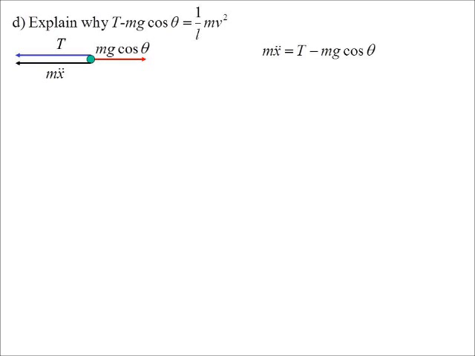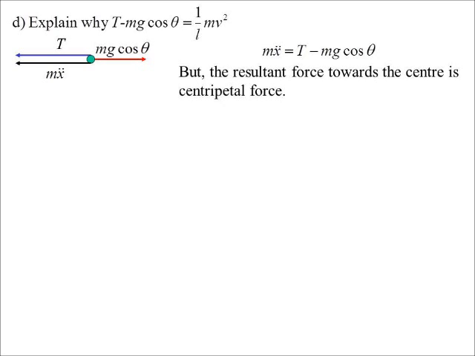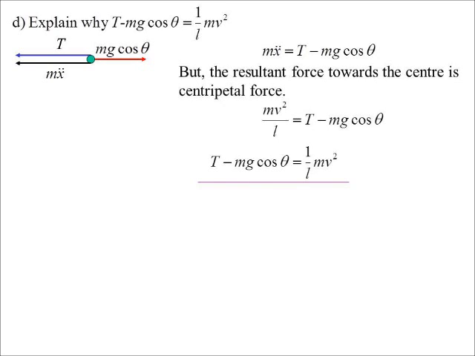So m x double dot will be T minus mg cos theta. Well, as I say, that resultant force is the centripetal force. So it'll be mv squared, well, normally on r, but we're using L for the length of the string. So mv squared on L. And so rewriting that, we get the expression we want: T minus mg cos theta is 1 on L mv squared.